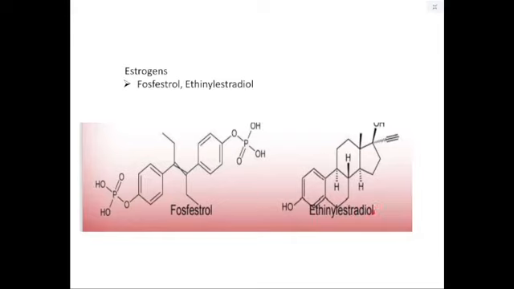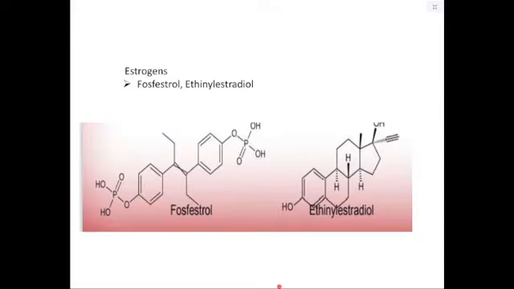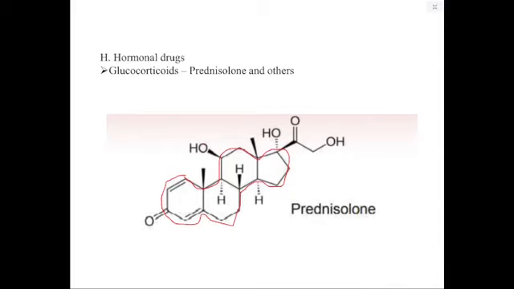Of course, the difference between the estrogens and the other hormones is that the estrogens will have an aromatic ring. Their first ring will be an aromatic ring, whereas in the other hormones that ring will usually not be aromatic. It can have unsaturation, as you can see, but not be an aromatic ring.